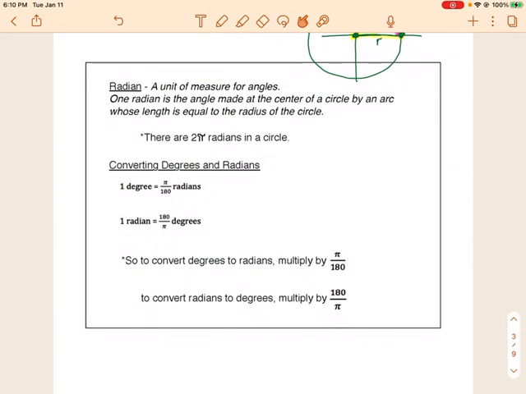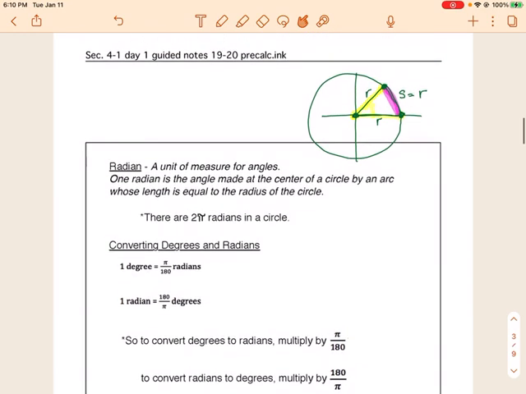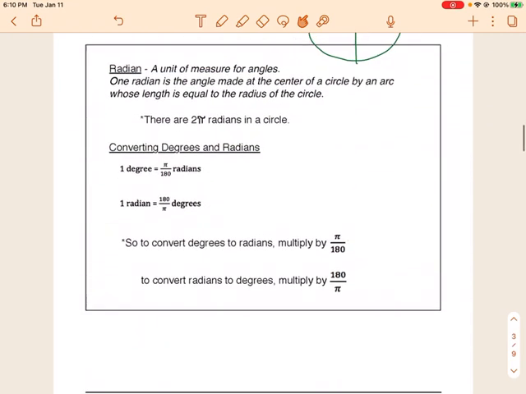So radian is the unit of measure that we use for angles, and how we define a radian is, it's when we have an angle whose center is at the center of a circle and the arc created is equal to the radius.